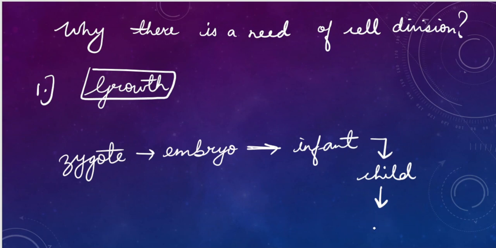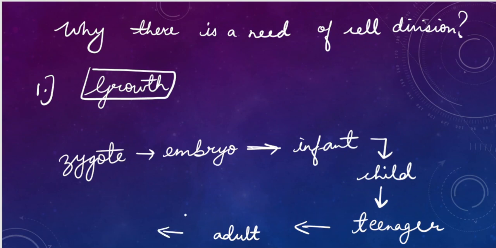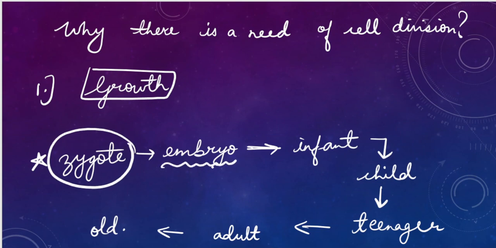First teenage, then we become an adult, and after adult we go for old age. So this is what is known as growth. The number of cells in zygote is just one, but in embryo there are many cells. Then in infant, the number of cells increases through our life stages.